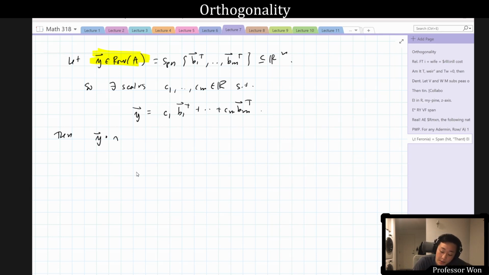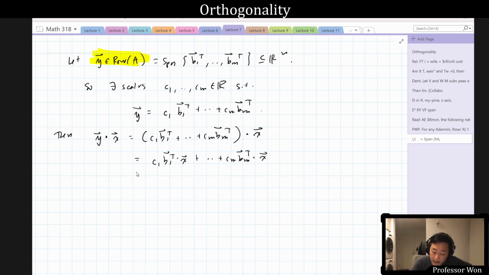So let's just say y dotted with x here, to avoid confusion, is just C1 B1 transpose plus Cm Bm transpose dotted with x. But we know that the dot product distributes over addition. So this is C1 B1 transpose dot x plus Cm Bm transpose dot x. But we showed previously that x is orthogonal to every row. So this is all just 0.